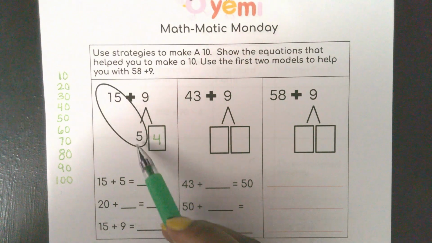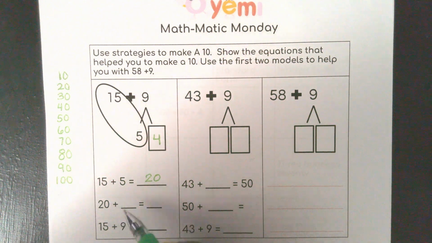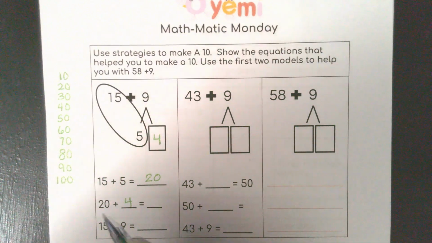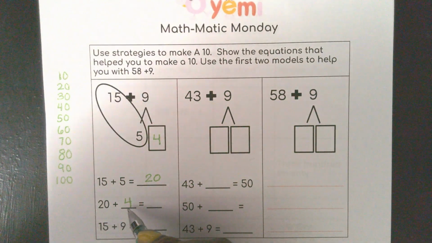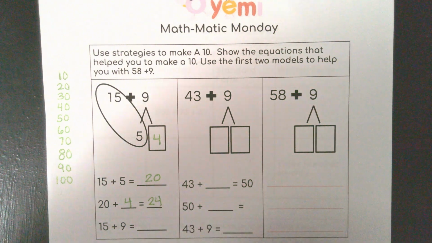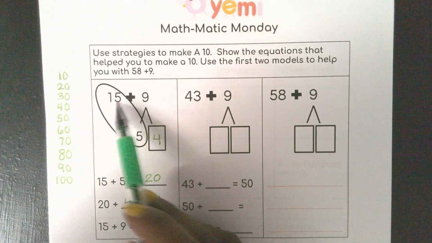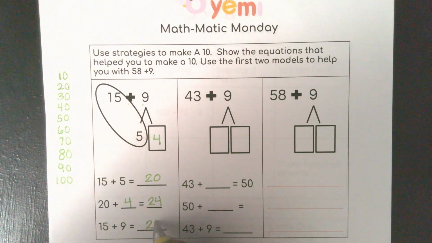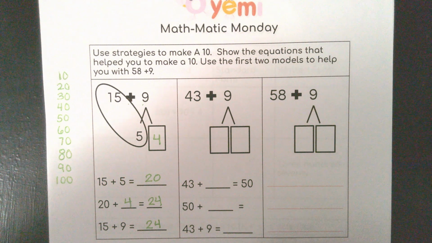I made a 10. And here I can add 4. So 20 plus 4 is 24. Which means 15 plus 9 equals 24. See the process that we did?